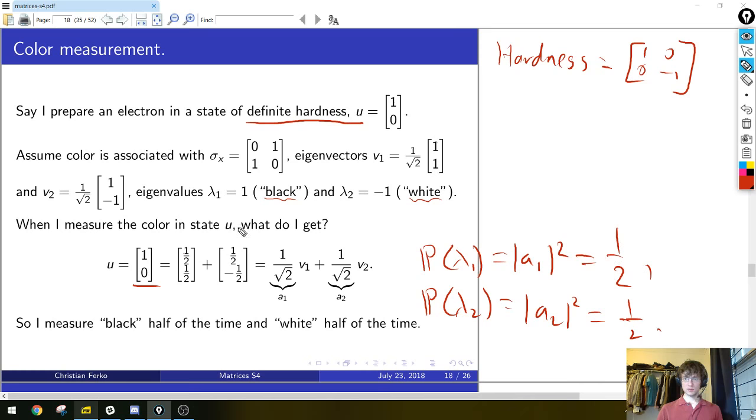So this is the mathematical basis for the claim that color and hardness are uncorrelated. If the electron is in a state of definite hardness, say it came from the hard port of a hardness box, and you measure its color, then the two outputs are equally likely, 1/2 and 1/2 for black and white. It's simply a statement about eigenvectors.